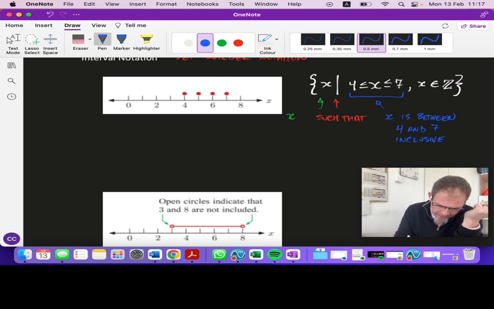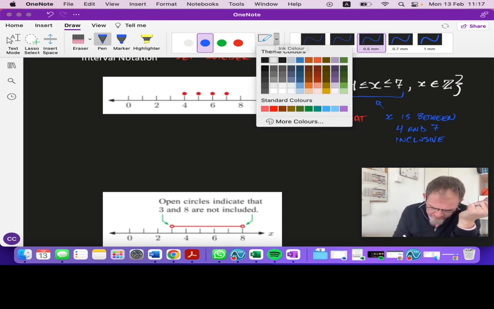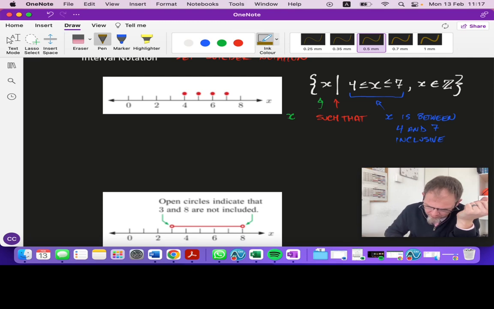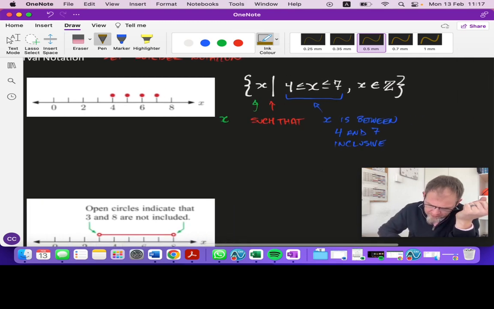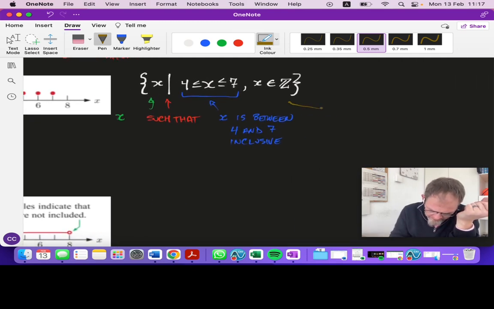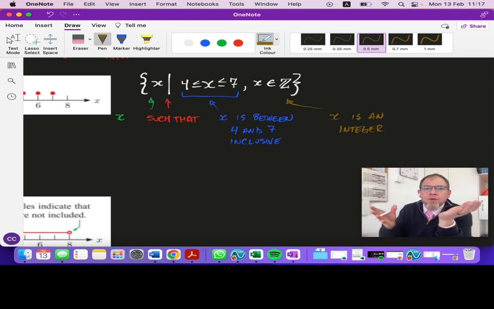And then the last bit of this, like the little bit of a dismount we have here, let's try this brown color and see what happens. The last bit of this is, and x is an integer. Now, in order for set builder to be correct, you need to have all 4 of these parts.